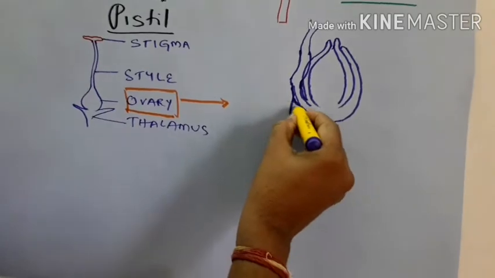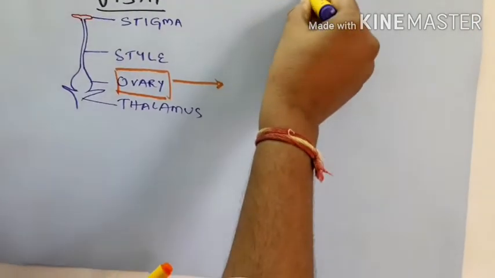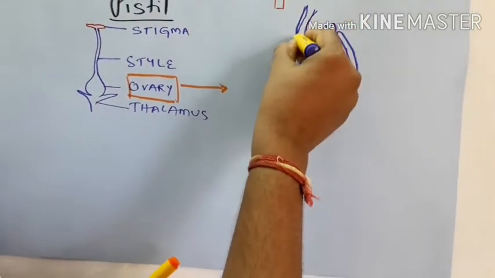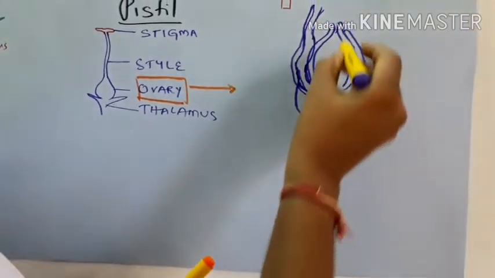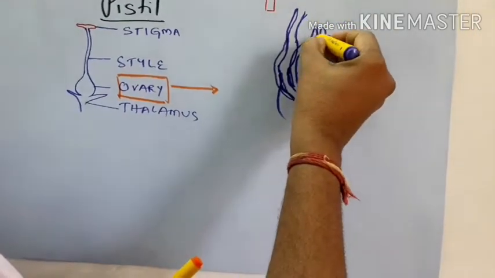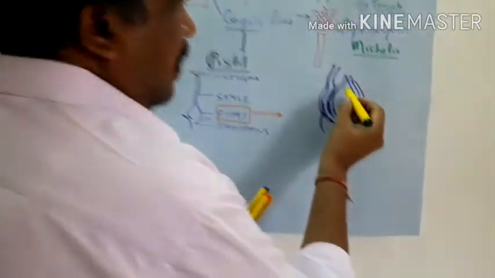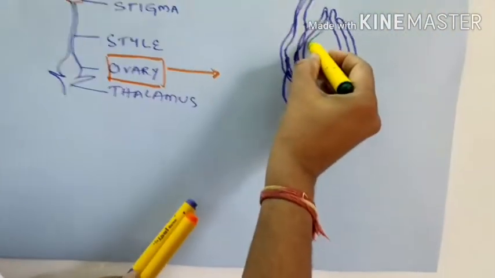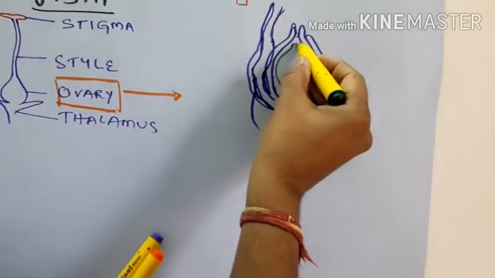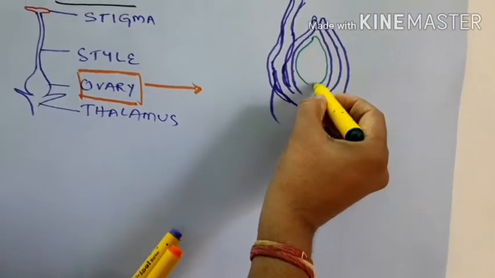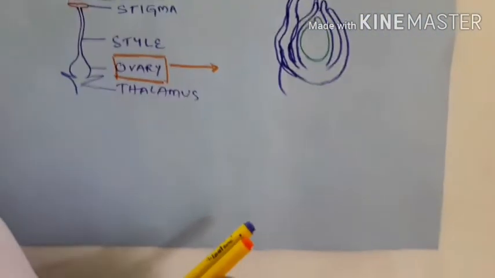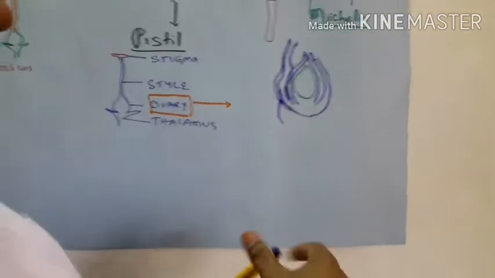This is the structure you will find here in the ovary. This is what is attached here, and there is a structure present here. Inside this, you will find the prominent body forming. Fine, children, this is how the structure looks.